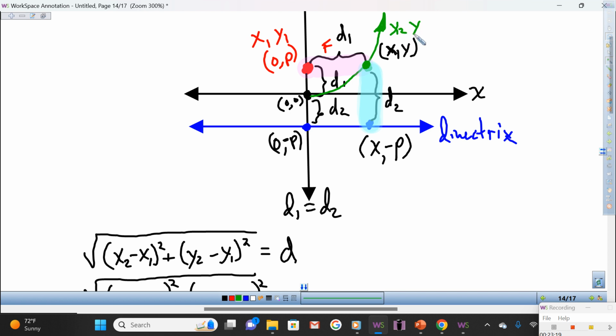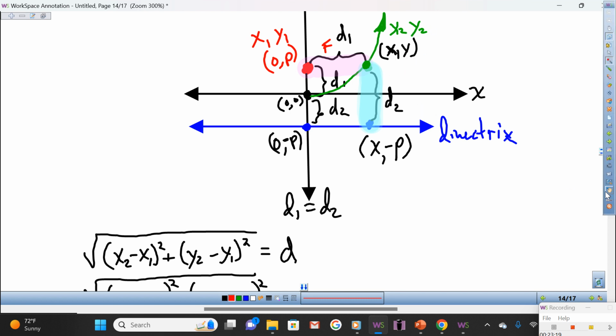X sub 2, y sub 2. So you're like, oh snap, Mr. Q. Oh yeah, oh snap is right. So what is x sub 1 on this one, guys? 0. What is y sub 1? P. What is x sub 2 on this one? X. What is y sub 2? Y. Does everybody see that?